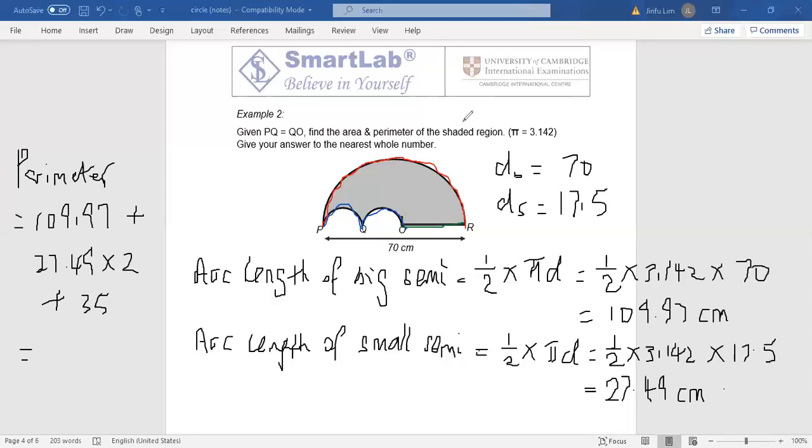So you get 199.95. So you round off to the nearest whole number, you will get 200 cm. So this is the area and perimeter of the shaded region.